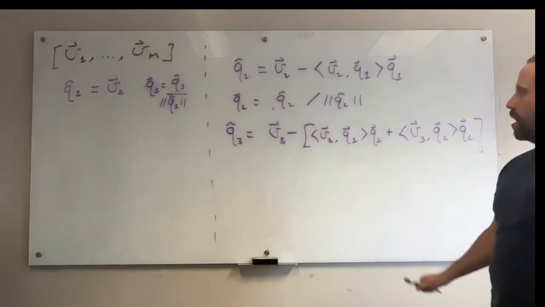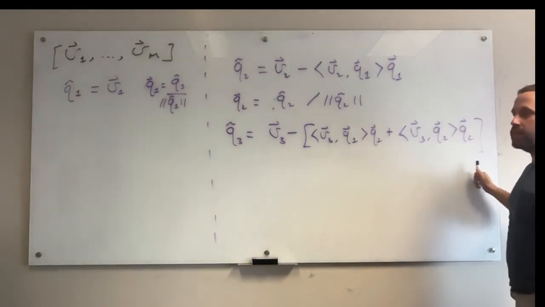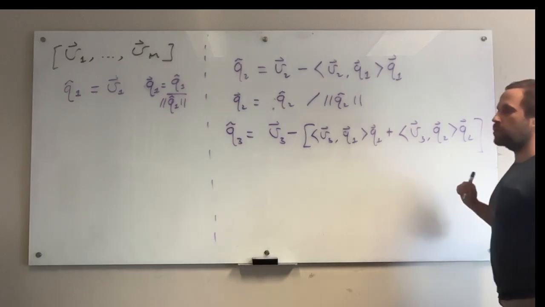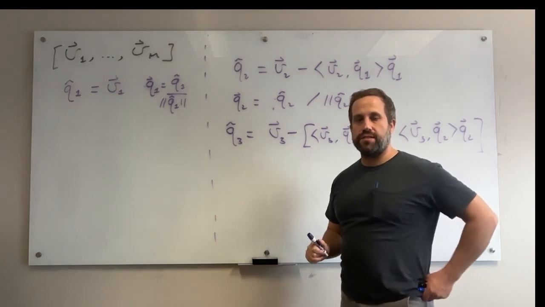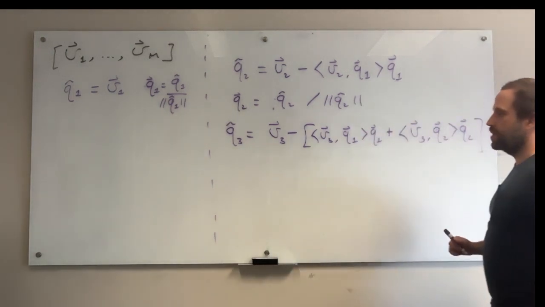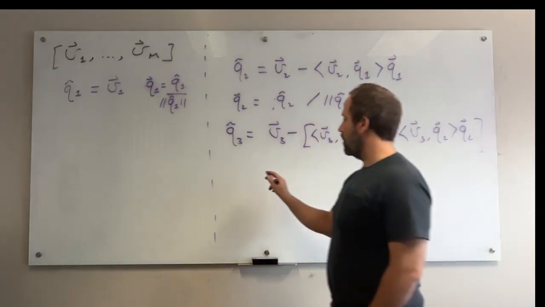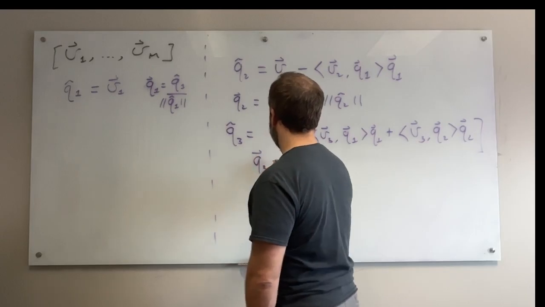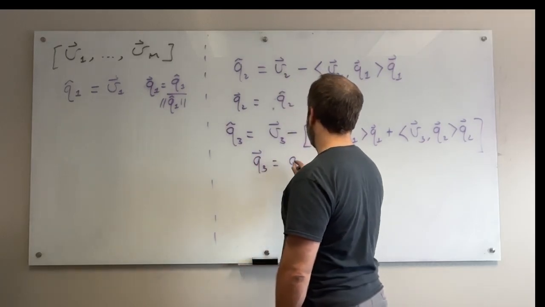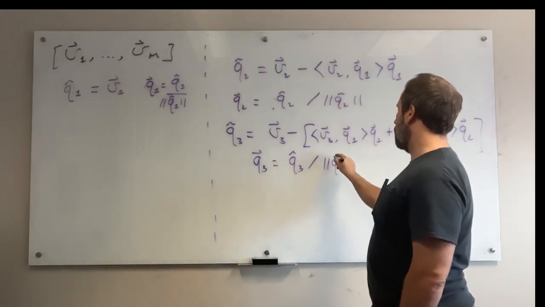Again, because we are subtracting from v3 the portion of v3 that is in the space spanned by q1 and q2, all we're left with is the part of v3 that is orthogonal to the space spanned by q1 and q2. So therefore q3 hat is going to be orthogonal to q1 and q2. And then as you might expect, q3 is simply going to be q3 hat divided by its magnitude.